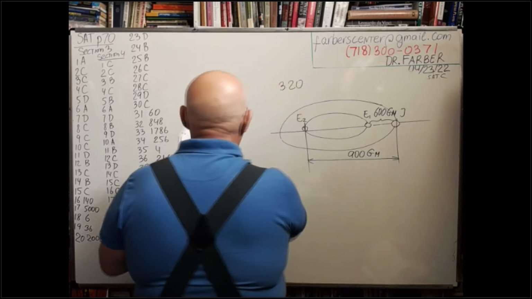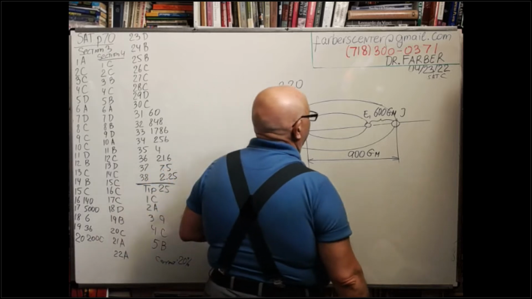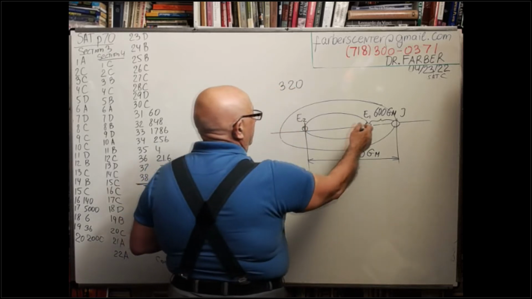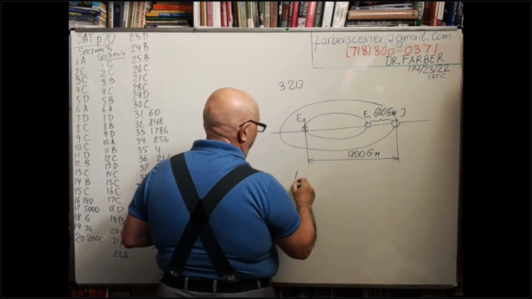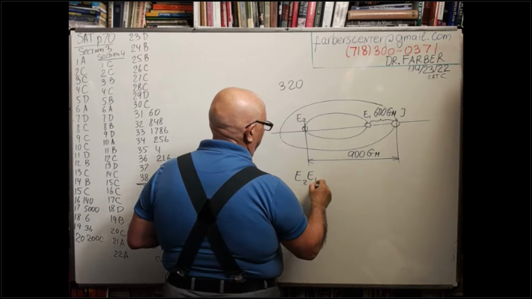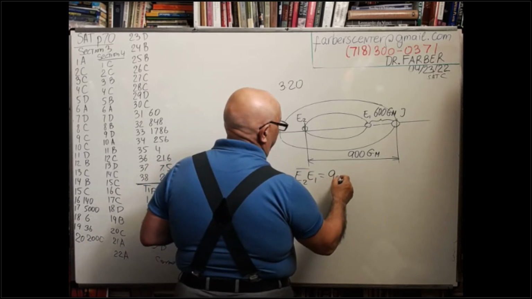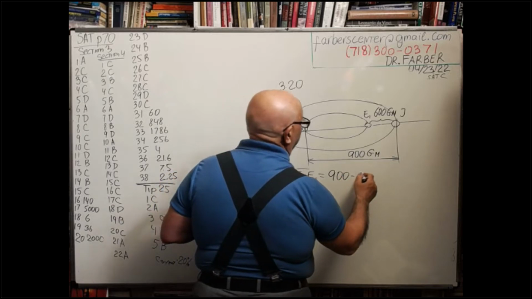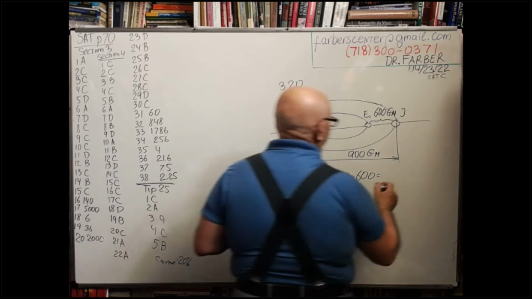You can easily find it using the segment addition postulate. E1, E2, E1 or E2, doesn't matter. This segment equals 900 minus 600, which is 300 gigameters.